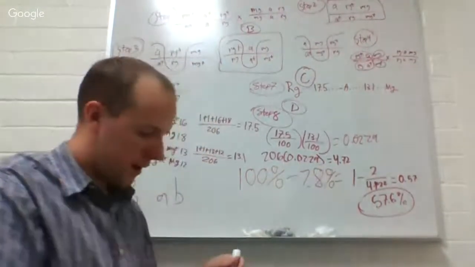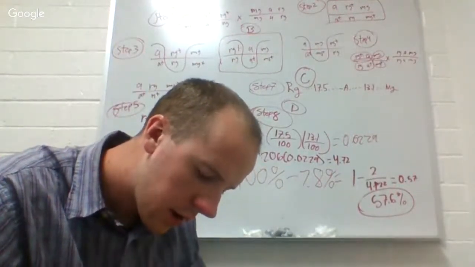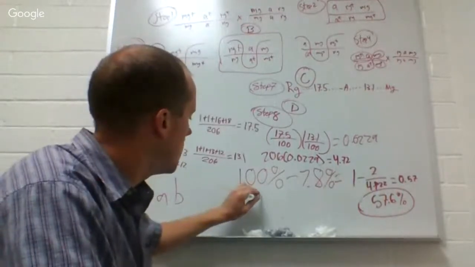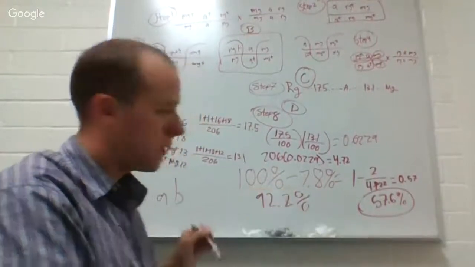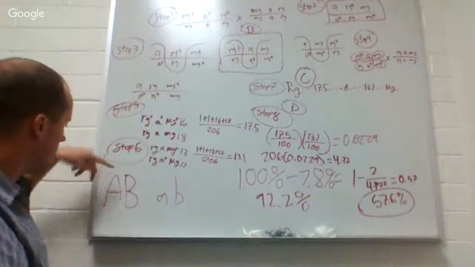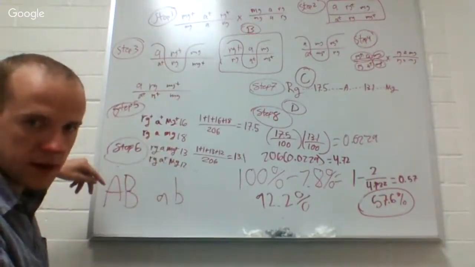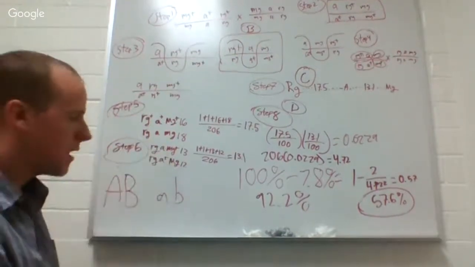And that's going to equal 92.2. So in other words, there's a 92.2 chance that these two will not cross independently of each other, and this will be the same for these.